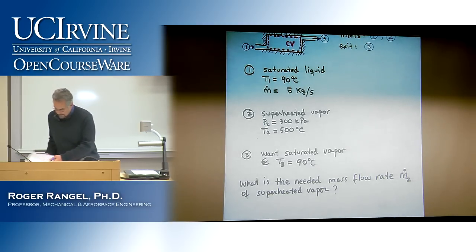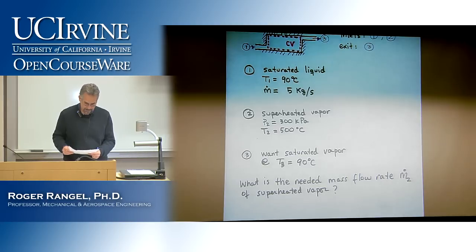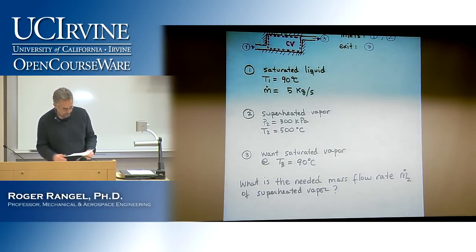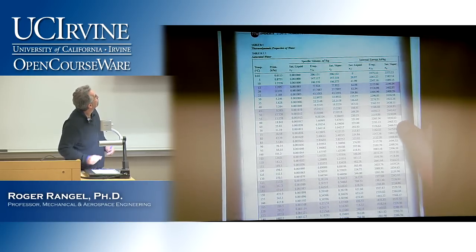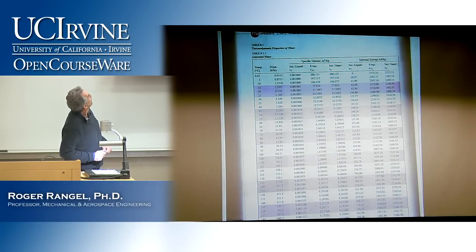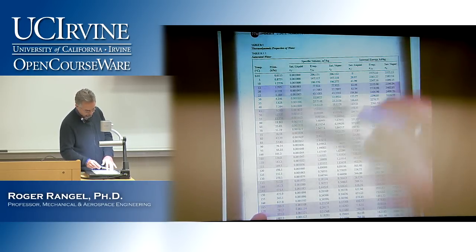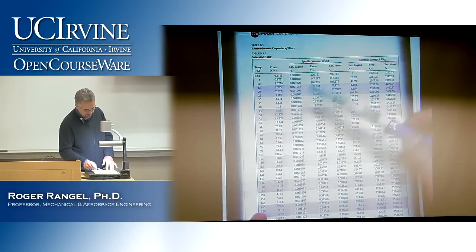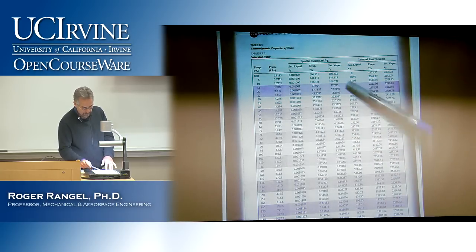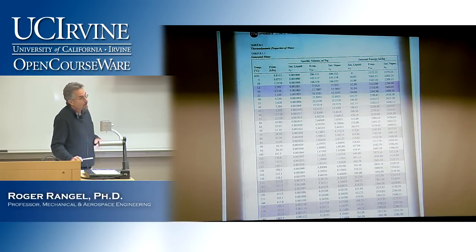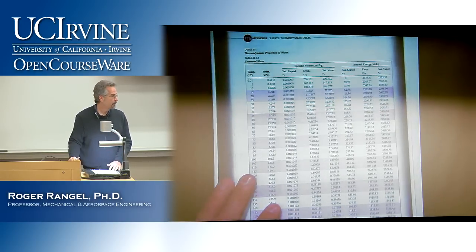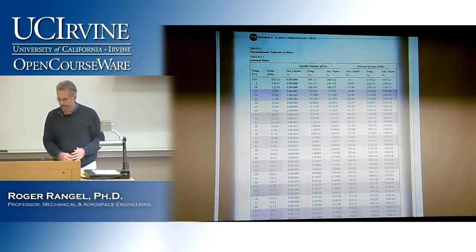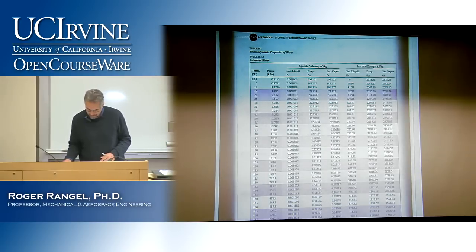Let's take inlet 1. Here is the saturated water table: temperatures, pressures, vf, vfg, vg, you know the story, uf, ufg, ug. There's something new now. We have only looked at the left side of the table, but it has a right-hand side.